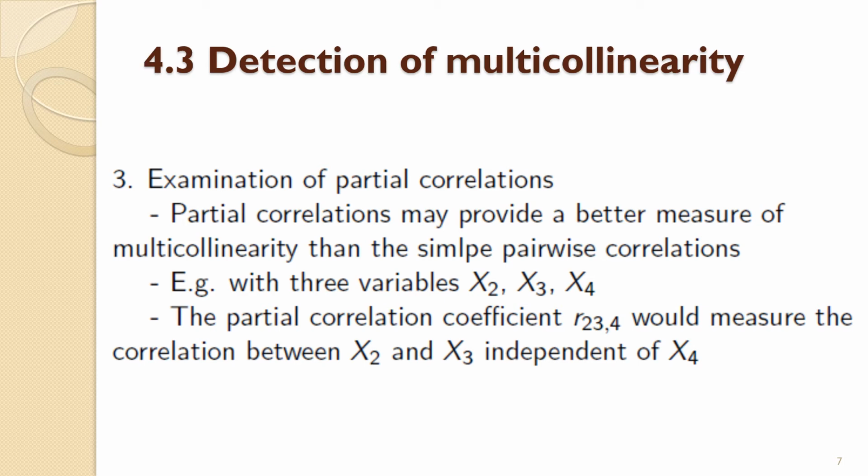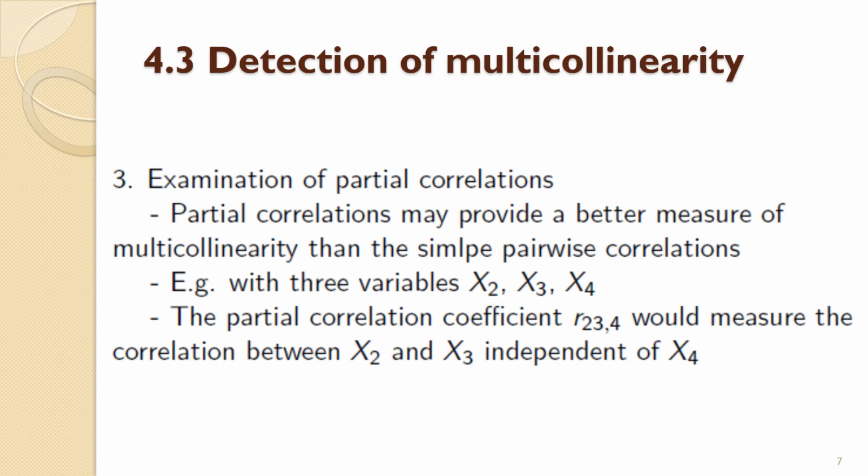The basic idea is that partial correlations would provide a better measure of multicollinearity than just the simple pairwise correlations that we've seen calculated before. So for instance, if you had an example with three variables, x2, x3, x4, then the partial correlation coefficient R2,3,4 would measure the correlation between x2 and x3 that occurs independently of the value of x4.